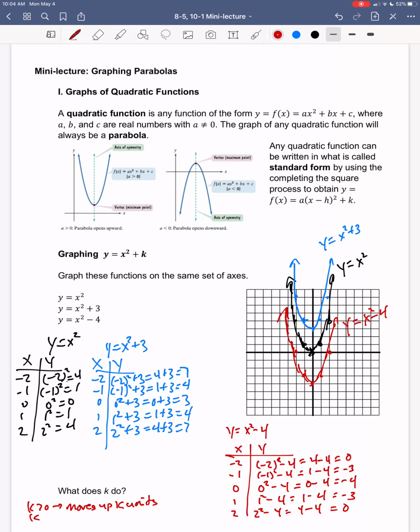And if k is less than 0, the graph moves down k units. So, x squared plus 3, since that's positive, it moved up. x squared minus 4, since that was negative, it moved down.